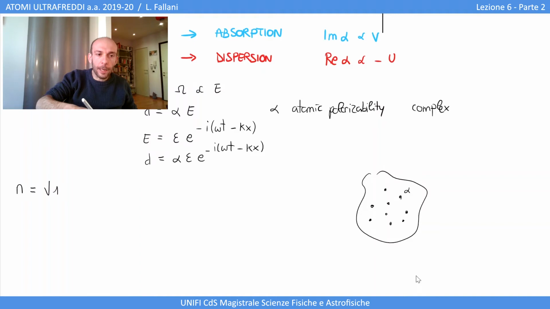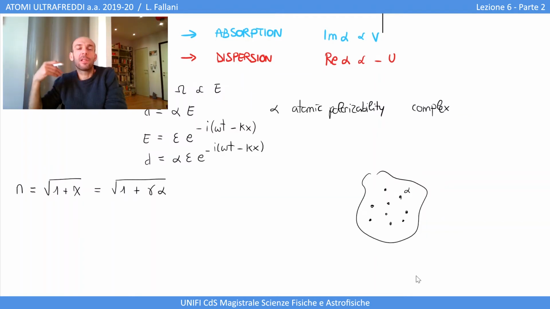And the index of refraction is connected to the electric susceptibility chi, where chi in turn is proportional to alpha, with some proportionality constant, let's call it gamma, that I would not like to review now. So this gamma will contain the density of particles, some fundamental constants, and so on.